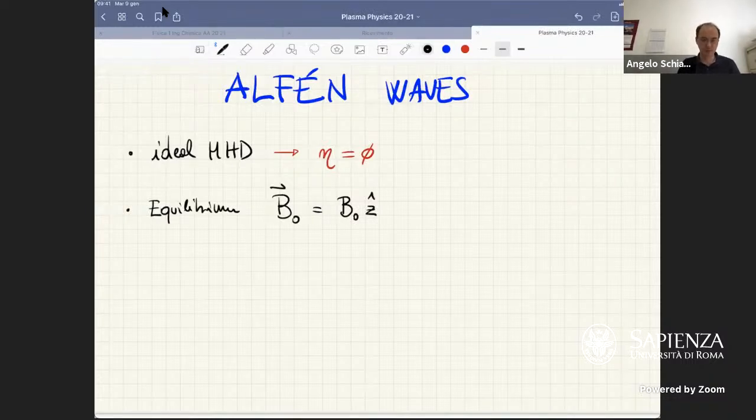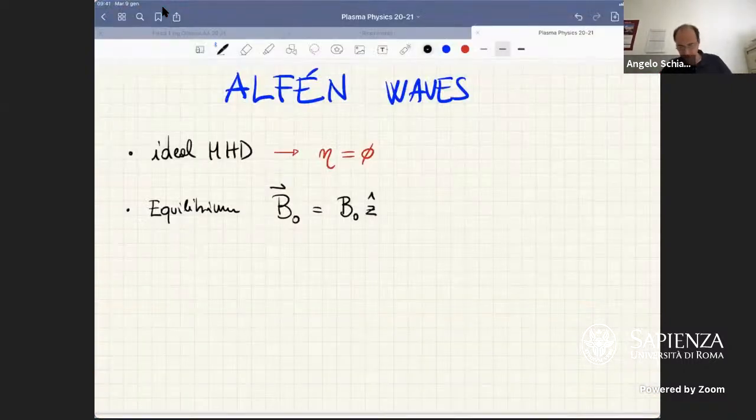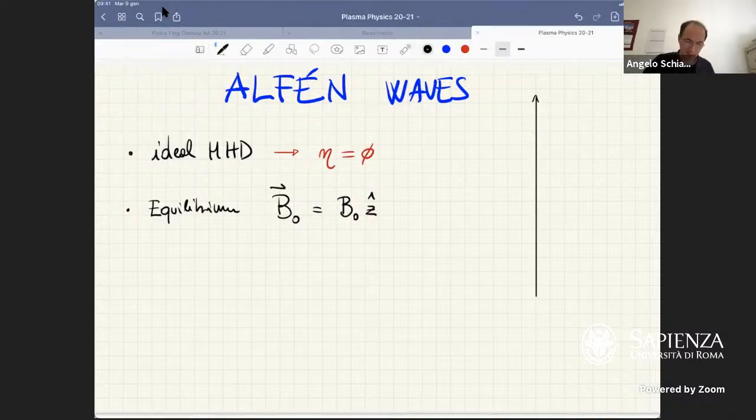We put the Z direction in the direction of the externally applied magnetic field, a vector in the direction of Z, and this is B0.